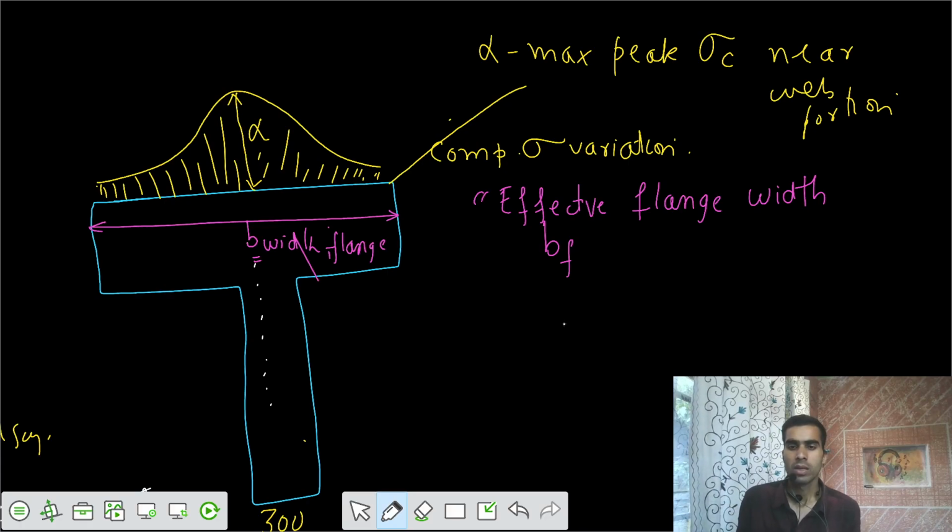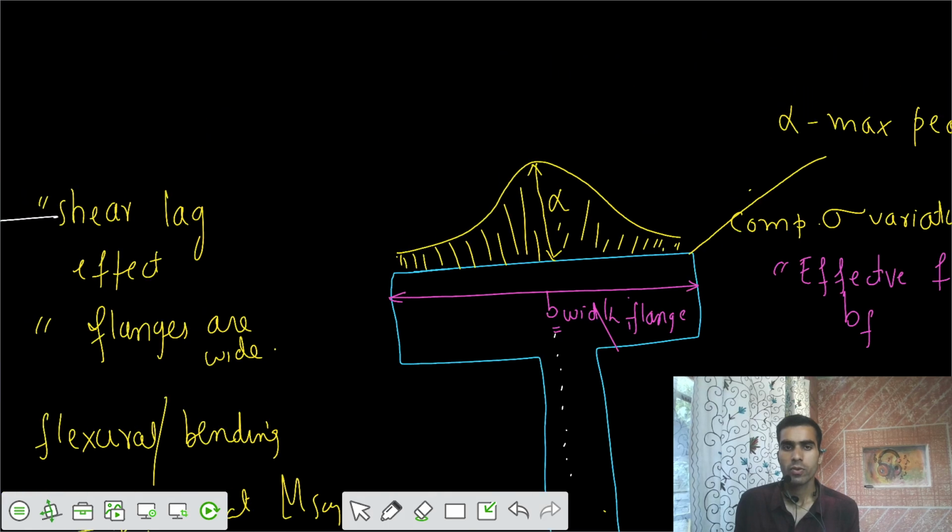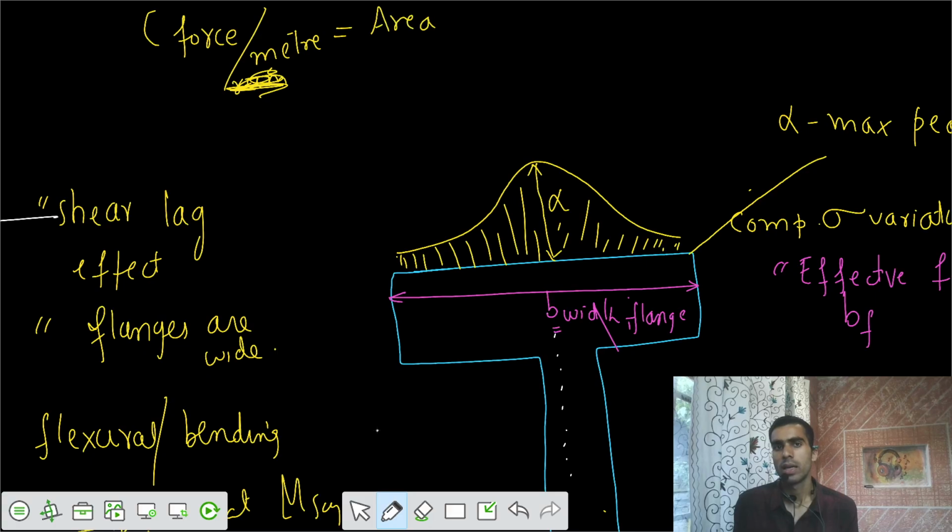So I would say the compressive force developed per 1 meter run of that beam equals some area with a peak of alpha and an actual width.